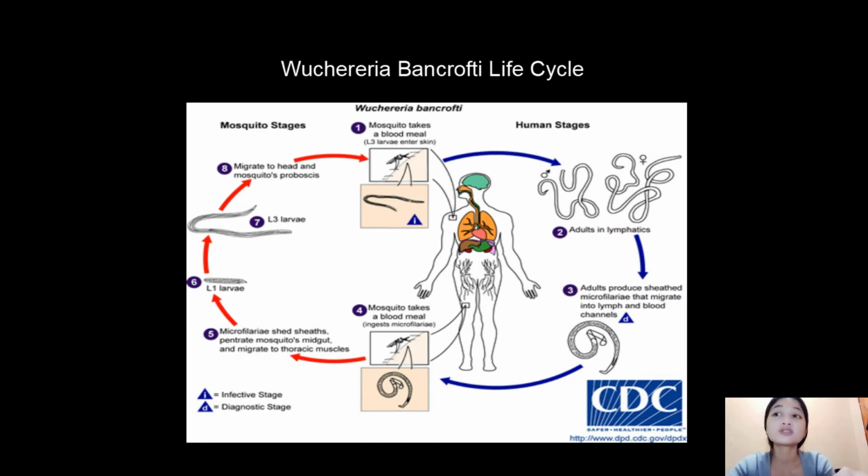So the microfilariae develop into first stage larvae and subsequently into third stage infective larvae. The third stage is the most severe. The third stage infective larvae migrate through the hemocoel to the mosquito's proboscis and can infect another human when the mosquito takes a blood meal.